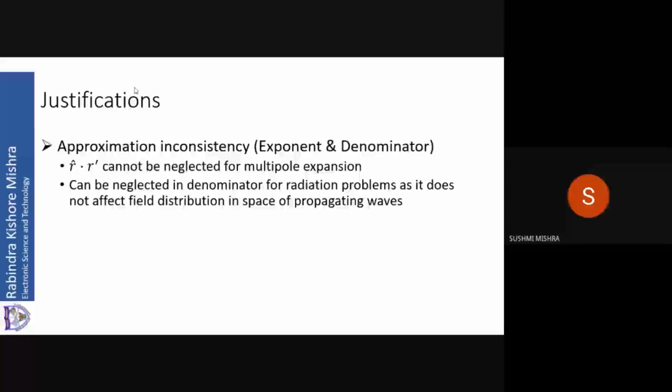R dash is very small compared to r, and we are multiplying cos alpha with that. So again, maximum value will be 1, otherwise it will be less than 1. So that is very small. Now the denominator again is in terms of r only. It does not contain any term which is dependent on theta or phi.